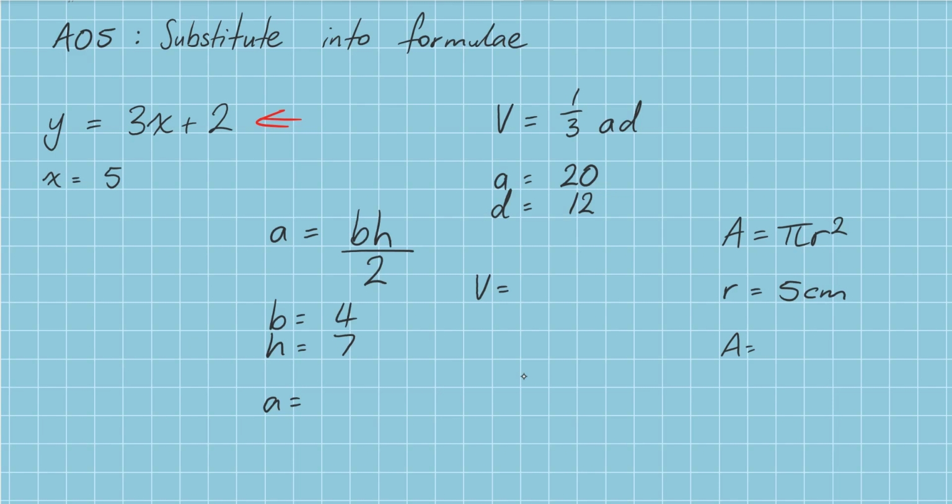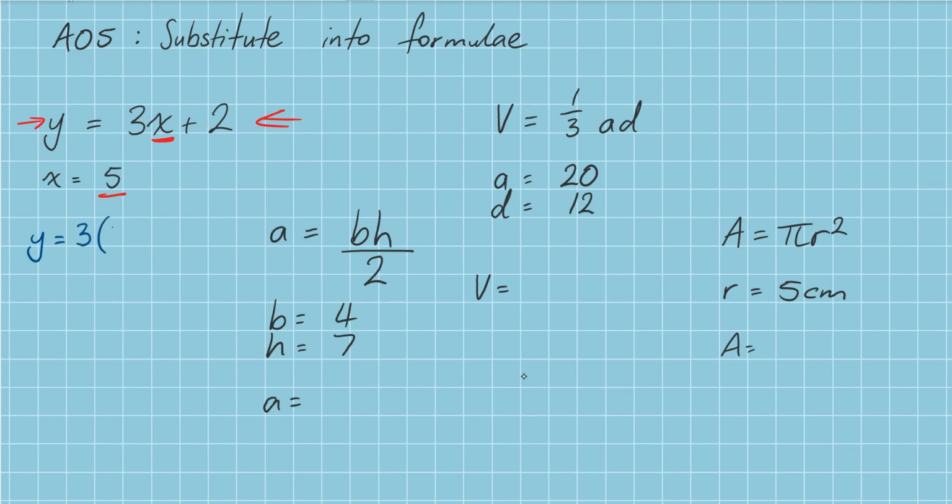So in this first example, we're dealing with the formula y equals 3x plus 2. And I'm substituting that unknown value, that x, with 5. So what I'm going to do is rewrite that formula with a 5 instead of an x. So let's give this a shot. So y equals 3.